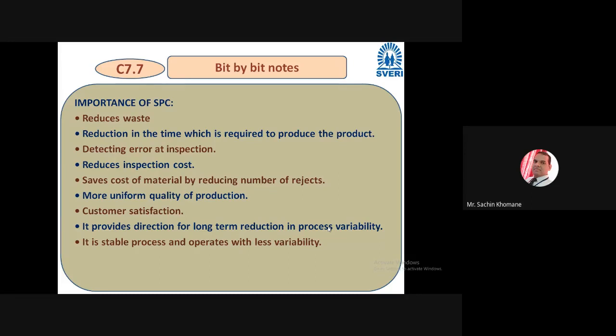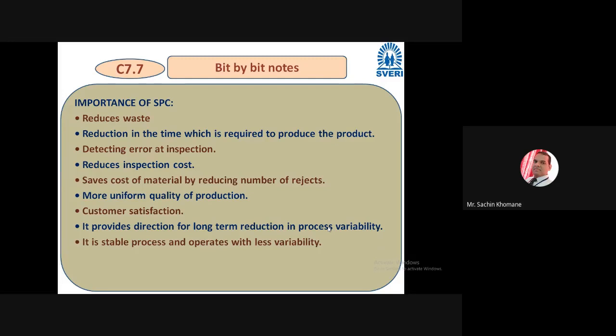If you understand that throughout the year so and so machine on the production line is having failure, and you find the root cause and the corrective actions also, what will you do? You will make preventive action, preventive maintenance, right? So in this way, you can provide direction for long-term reduction in process variability. Variability will be there, but you will have a solution for it.